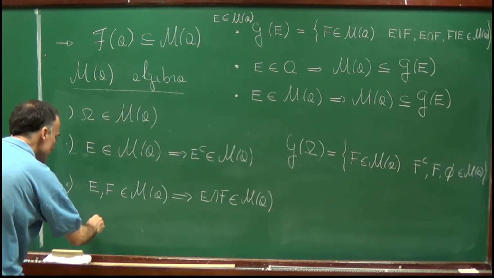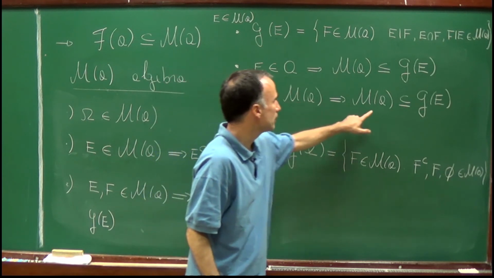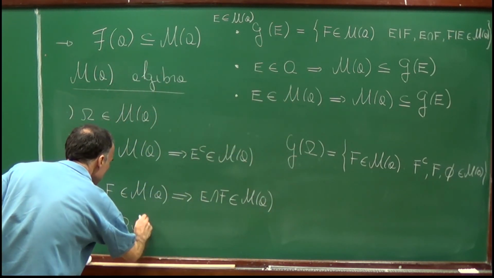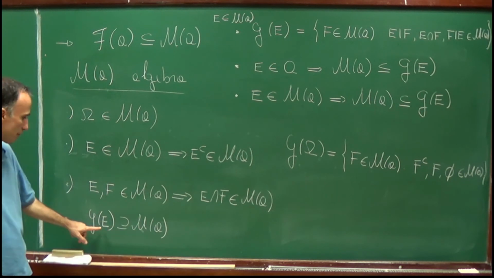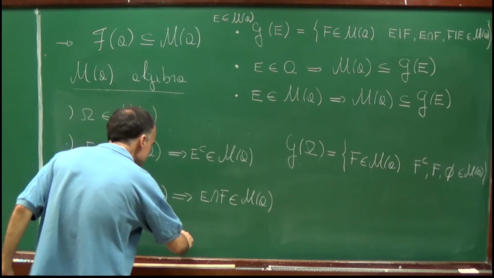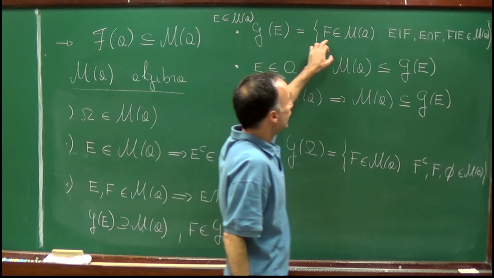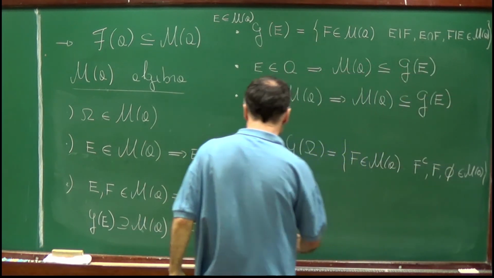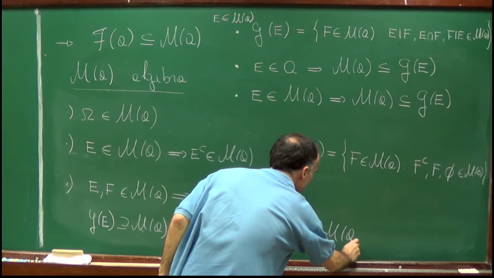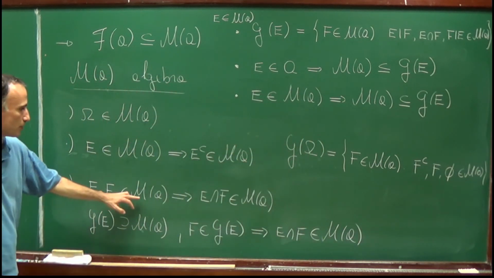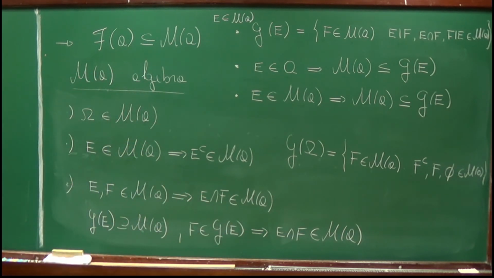But we proved that G of E, if E belongs to M of A, contains M of A. And F is a set of M of A, therefore F is a set of G of E. And since F belongs to G of E, we have that E intersection F belongs to M of A. Therefore, we proved that M of A is indeed closed by intersections. And this proves that M of A is an algebra.